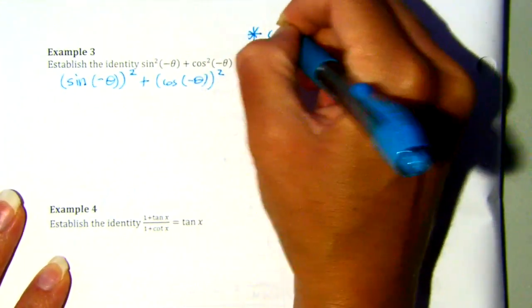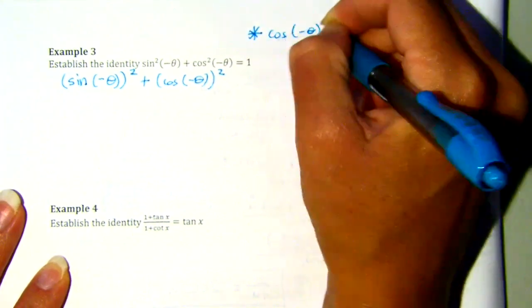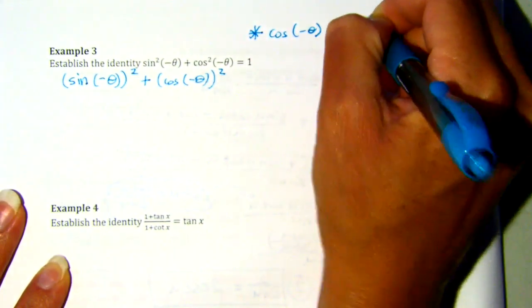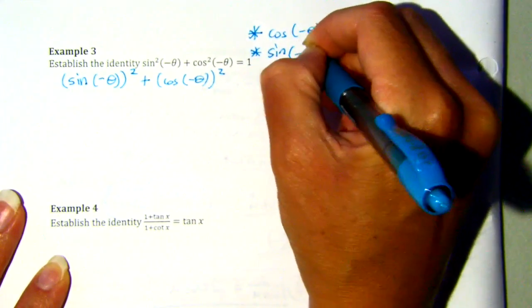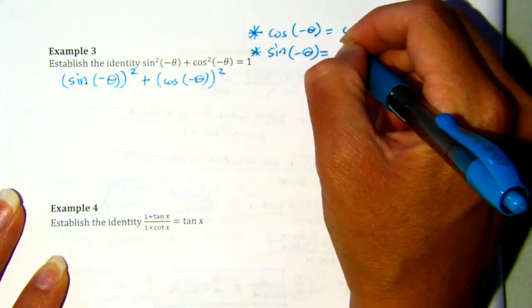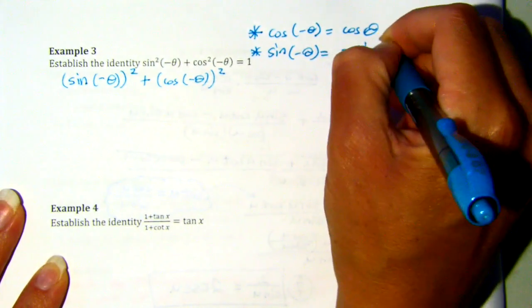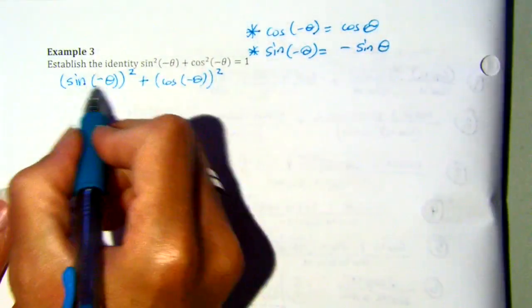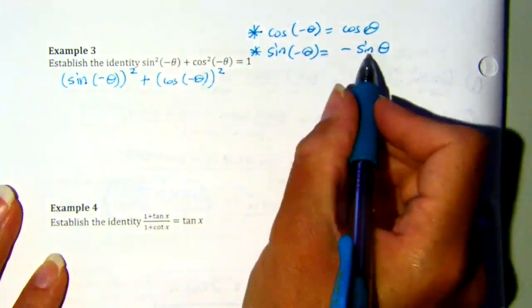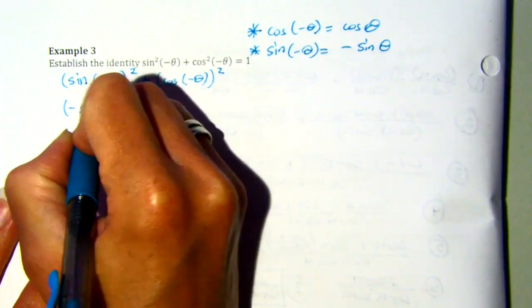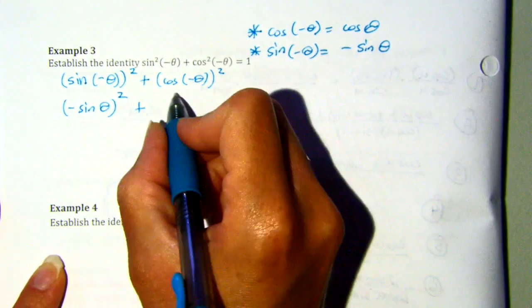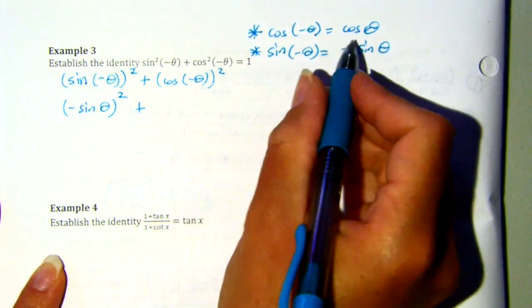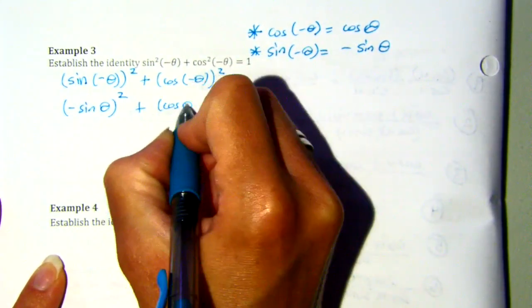We know cosine of negative theta is equal to cosine of theta, and also that the sine of negative theta is equal to negative sine of theta. I'm going to replace sine of negative theta with negative sine theta. I'm also going to replace cosine of negative theta with cosine of theta.